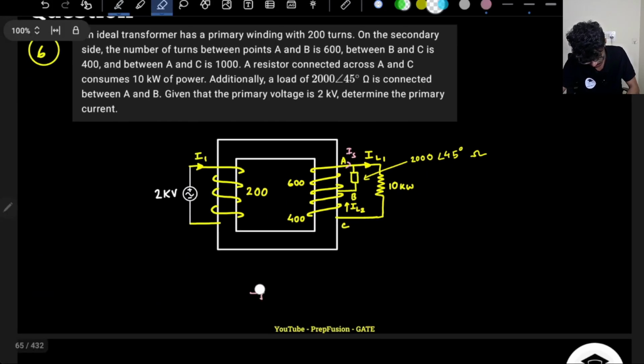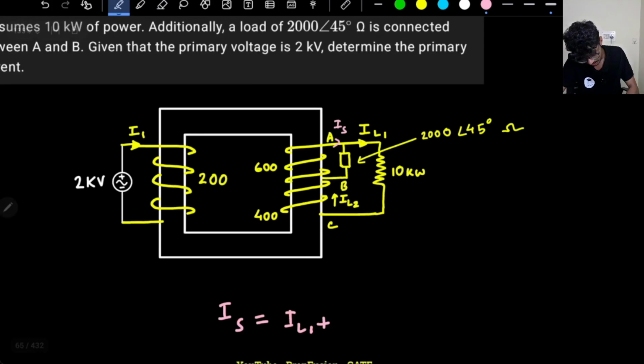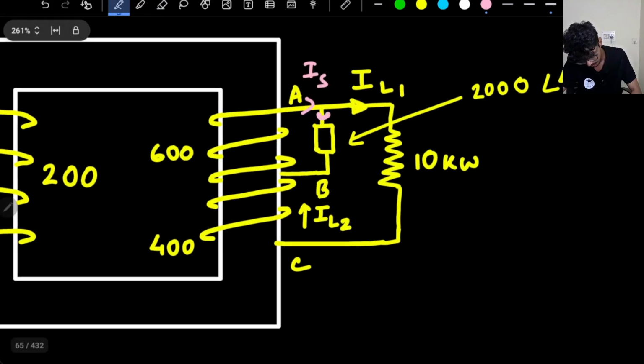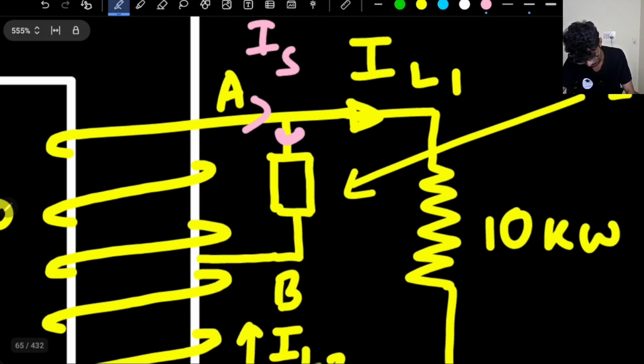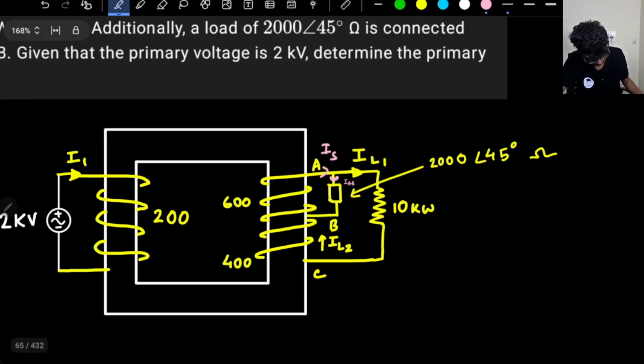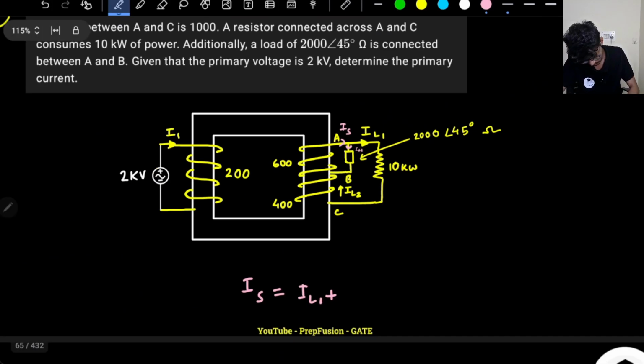So my IS will be equal to IL1 plus this current, right? Let's assume this current as IAB for now. This is my IS current.